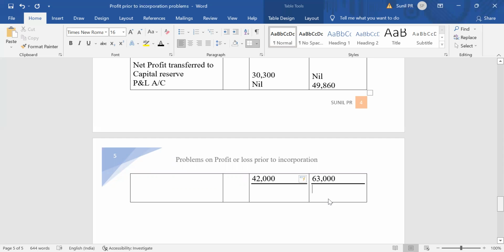One second. Yes, I have a similar problem. Preliminary expenses, audit fees, selling expenses, director fees. You can refer to the format I have given you.